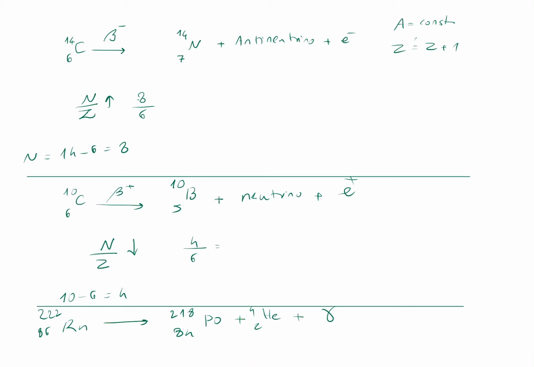Gamma is high energy, and that it can produce gamma is also very important. Usually in the process we can find gamma with alpha or beta. We can say many other examples, for example in uranium.